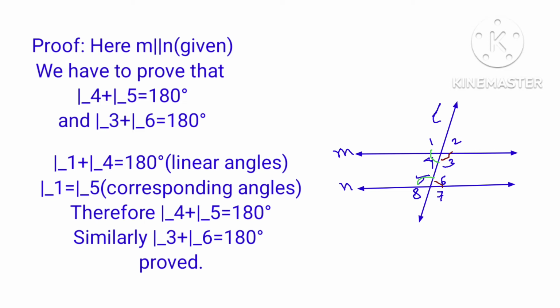Angle 1 plus angle 4 is equal to 180 degrees, linear angles or adjacent angles on a line, and angle 1 is equal to angle 5, corresponding angles. Therefore, angle 4 plus angle 5 is equal to 180 degrees. Similarly, angle 3 plus angle 6 is equal to 180 degrees, proved.